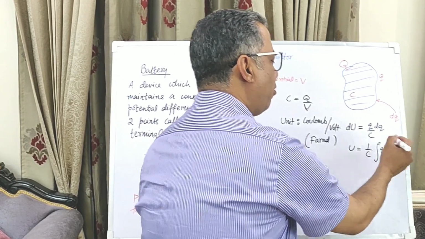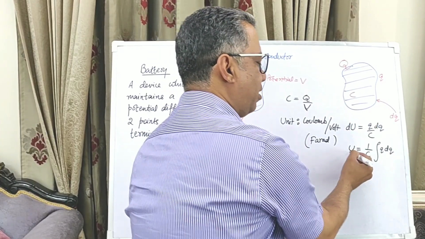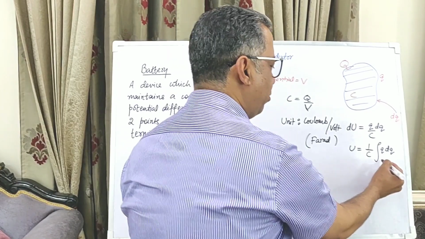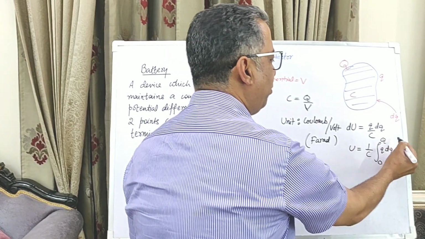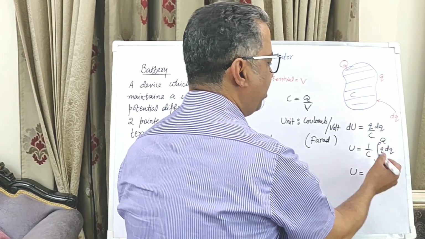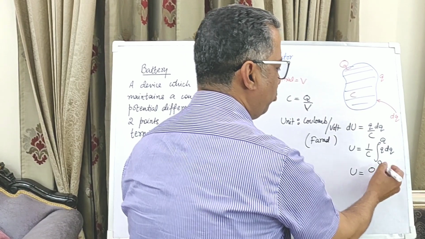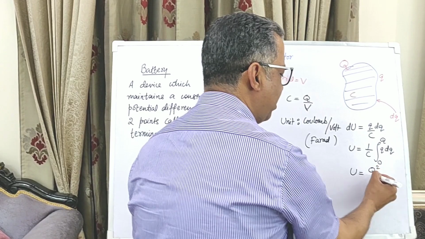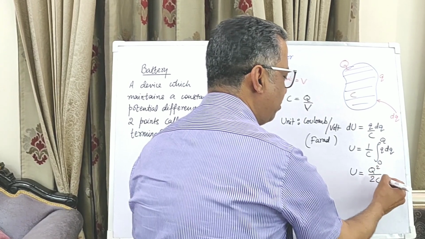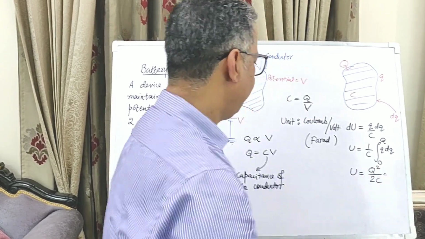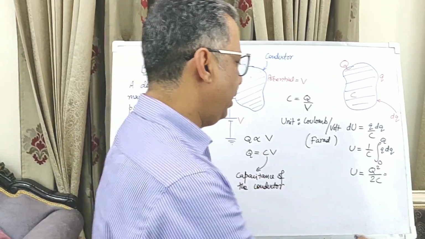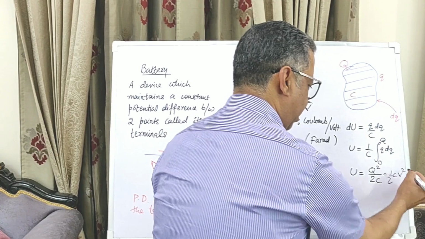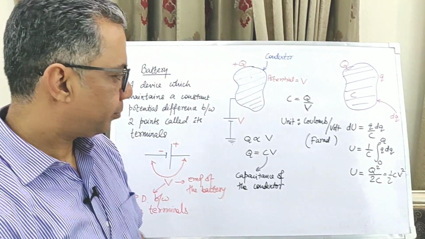We are doing a summation of the dU to get U, the final potential energy. Now the limits for q will be 0 all the way up to capital Q, and therefore the potential energy comes out to be, skipping some elementary mathematics, Q square by 2C. Or since Q is equal to CV, it's also equal to half CV square.